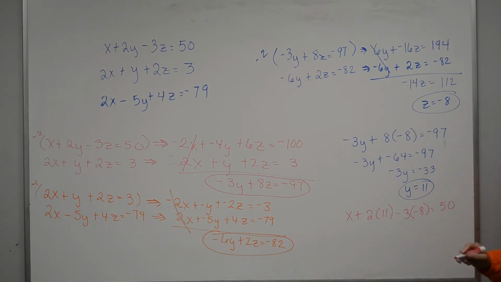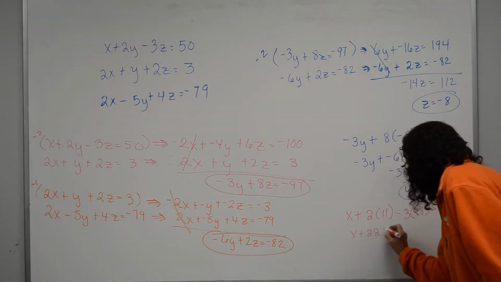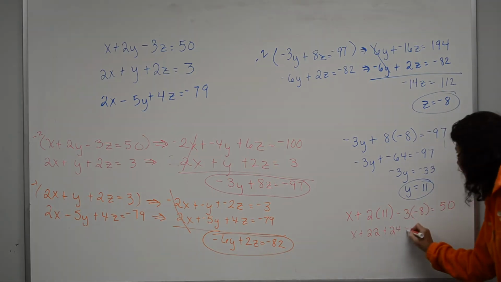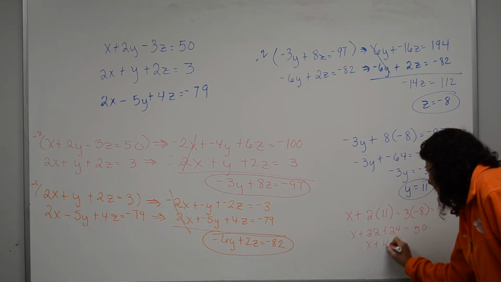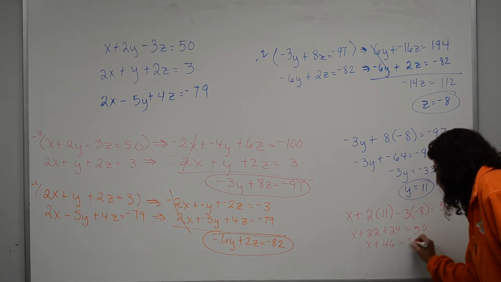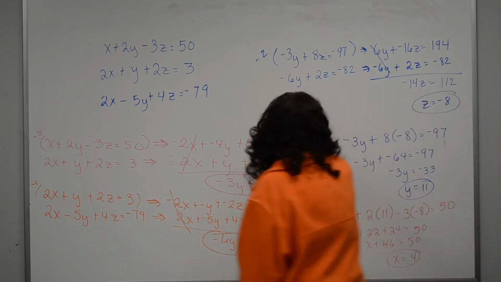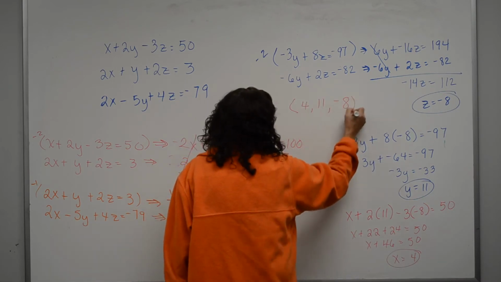You with me so far? Okay, x plus 22 plus 24, because I have a negative 3 times a negative 8, is equal to 50. X plus 46 equals 50. X is going to equal positive 4. So, my answer: 4, 11, negative 8.